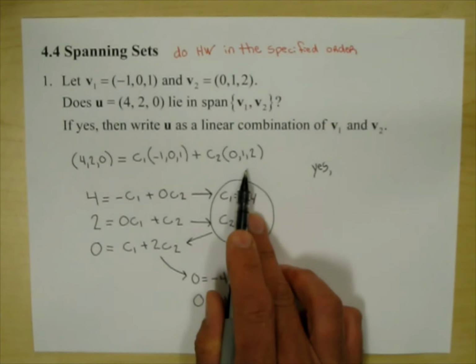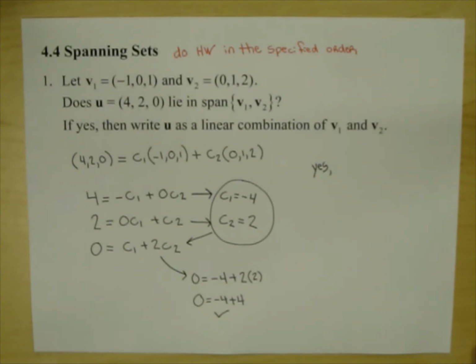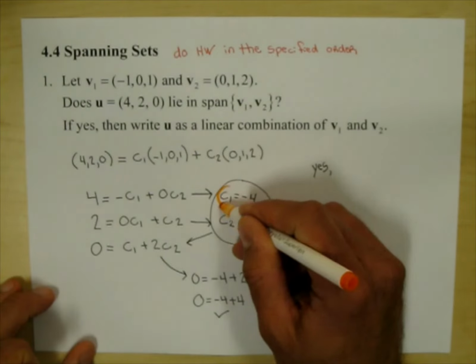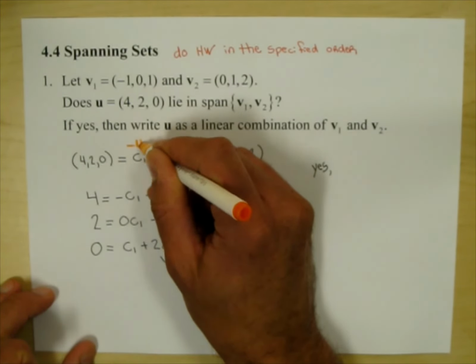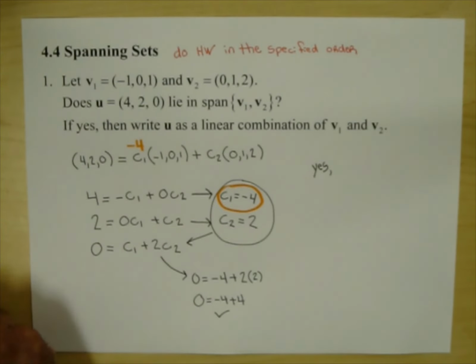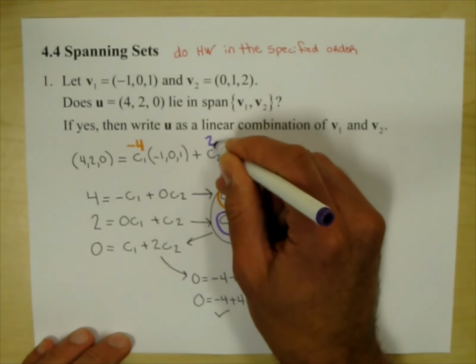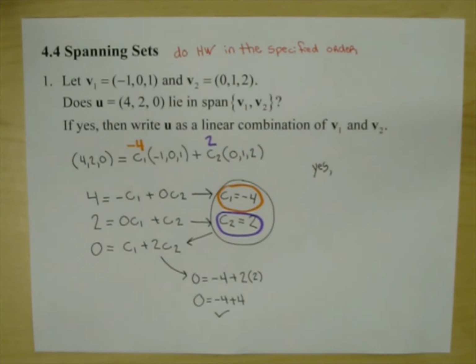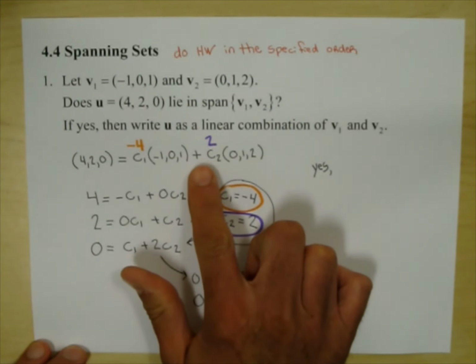If yes, write U as a linear combination of V1 and V2. Well, let's take a look at this. This guy right here, C1, is -4. C2 is 2. I mean, you can double check to see that it does work. Look, it says 4 equals 4.